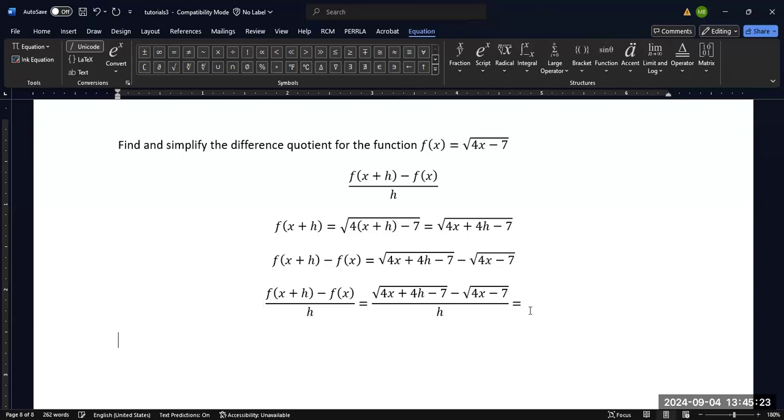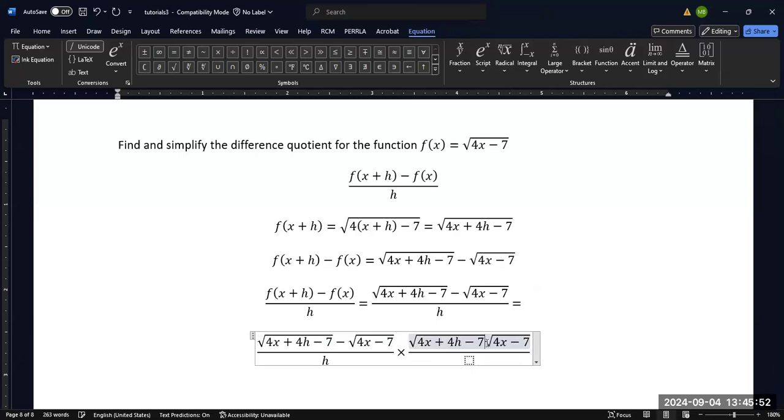Now, in order to do that, if you remember rationalizing, dealing with square roots, what we're going to multiply by is this same expression over itself, but we're going to flip the sign between the two square roots. Now, the reason for this has to do with the difference of squares formula.